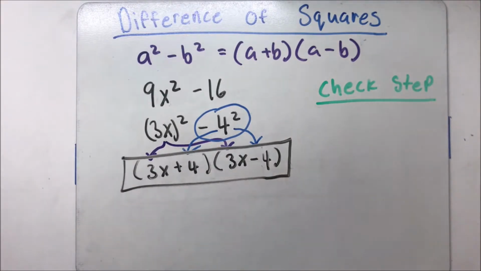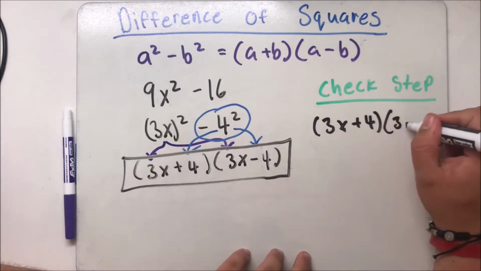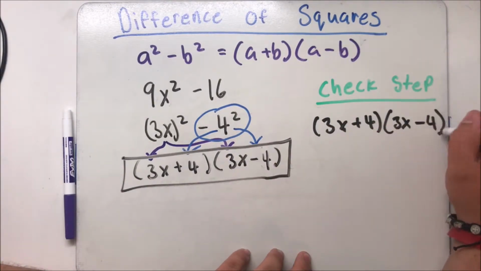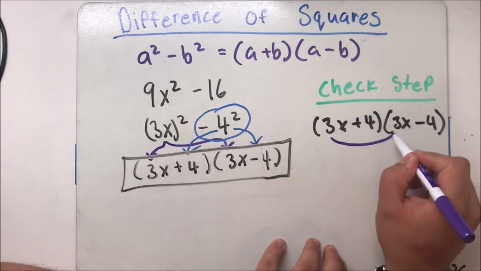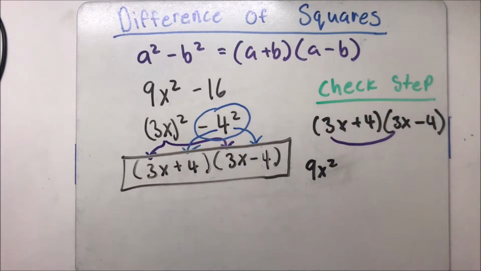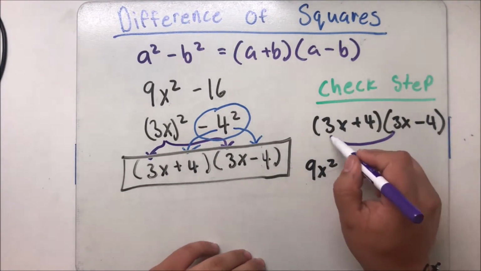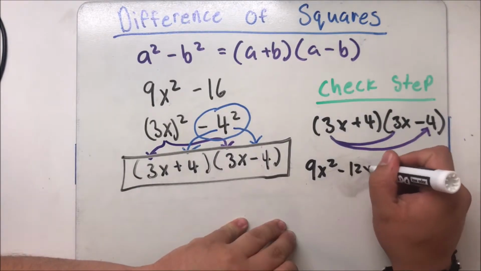To check to see if we got everything right, we take our answer and we multiply them together. So we take 3x times 3x, which is 9x squared, and then we multiply 3x with negative 4, which is negative 12x.